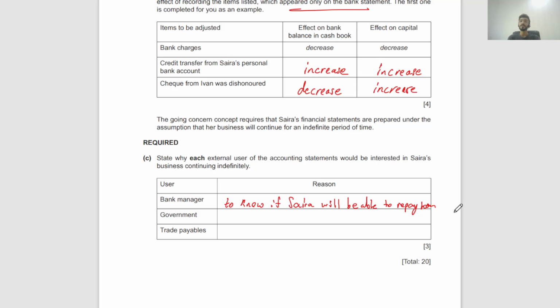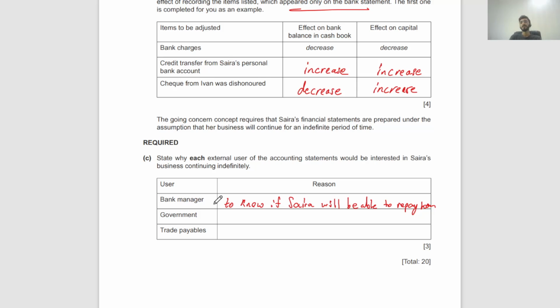And also to decide whether to allow Syra any loans, right? Here we're assuming that Syra has taken a loan, and that's why the bank manager is concerned. Otherwise, logically, the bank manager wouldn't be concerned, right? So the only reason that person will be concerned is the situation where Syra has taken some loan, and the bank manager wants to make sure that Syra is able to repay that loan with interest, right?